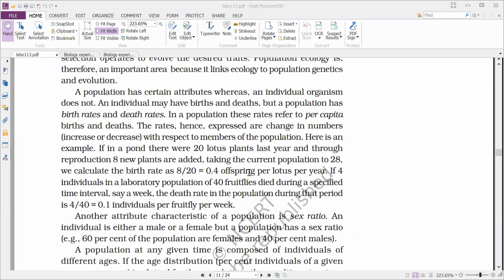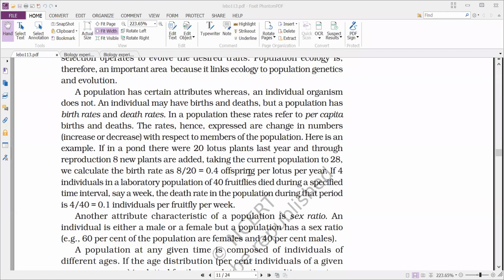A population has certain attributes, whereas an individual organism does not. If you take a population and an organism, the population will show certain attributes, some concepts, that the individual does not have.